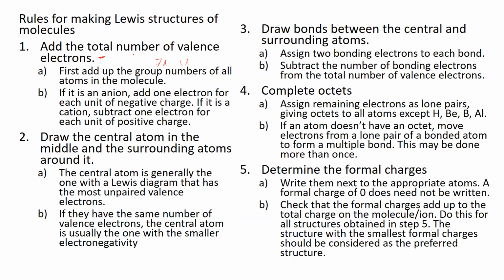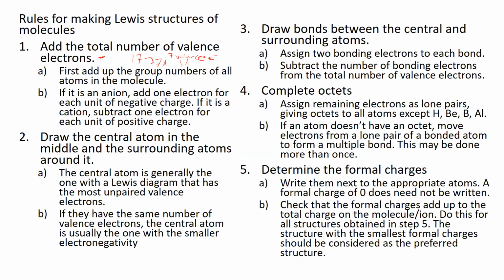When we look at this, 17, depending upon your periodic table, would give you 7 valence electrons. Okay, so you add up the group numbers, assuming you're not taking into account the transition metals, because you can deal with transition metals when you get on into 102.